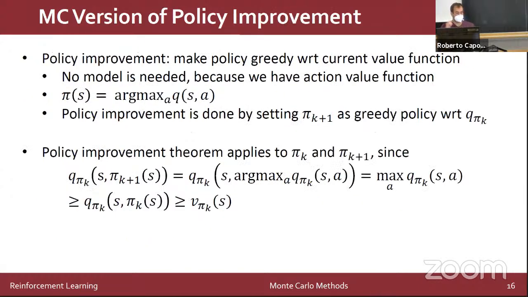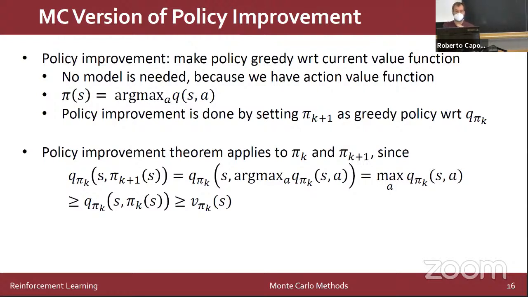Okay? Now here we need to look at this theorem, which is one of the most important ones that we have in this course, and you need to understand this. What does it mean to take a policy improvement step? It means to make the policy greedy with respect to the current value function.